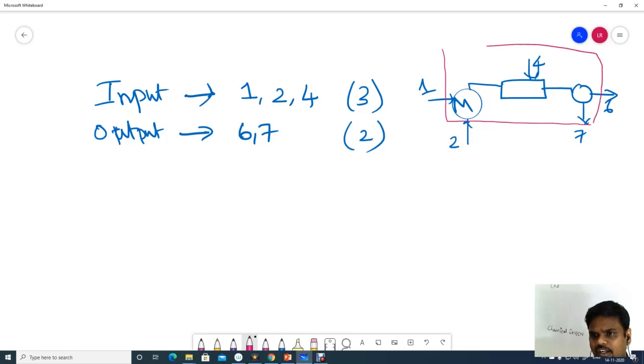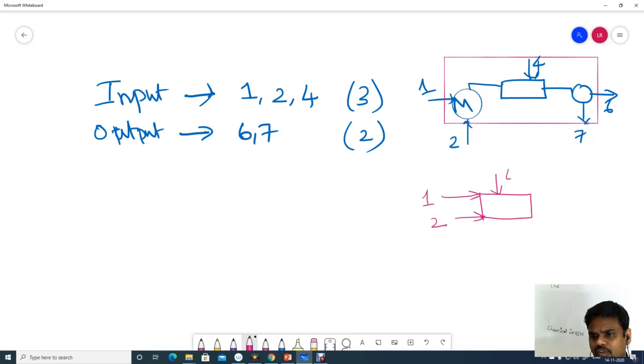So this totally can be represented as: there is stream 1, stream 2, stream 4 giving stream 6 and stream 7. There may be different units, but I have considered them as a single block.